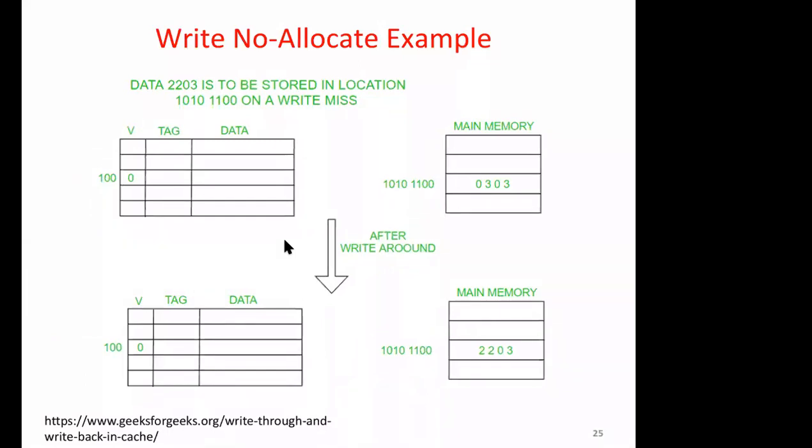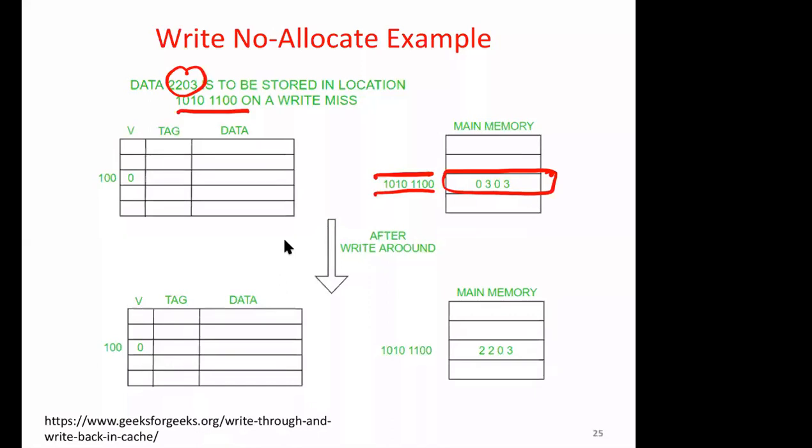Now the next is write no allocate. It means that we don't bring it to the cache memory. This is the location on which we want to write 2203. This location of course exists in main memory, and it has some other value, 0303.